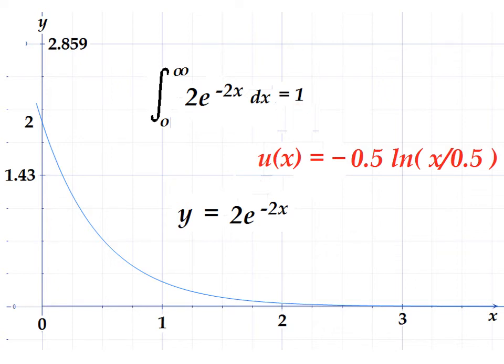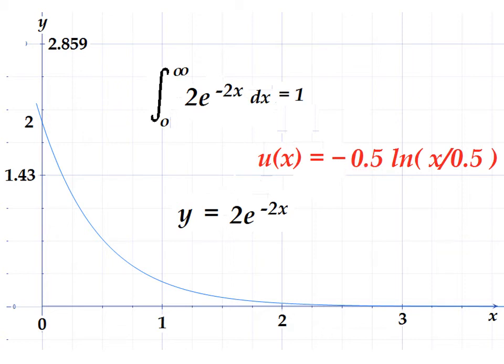In order to generate a random variable from a uniform distribution, again, we place our random variable into u of x given by negative 0.5.